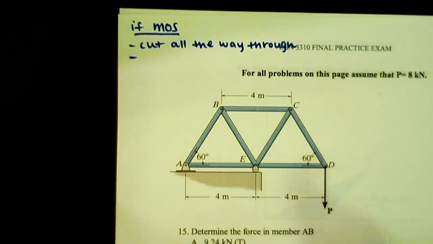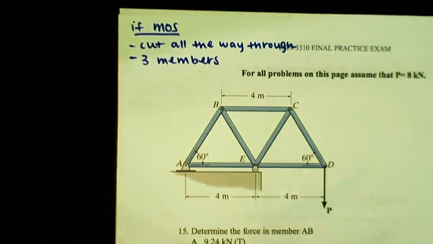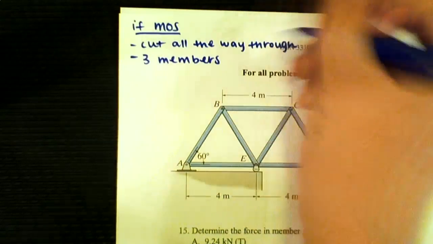How many members does it have to go through? 3 members, because you have 3 equations. You can't go through 4, you can't go through 2. Probably could go through 2. Just go through 3, and nothing else. Can't go through 6. 3 members.